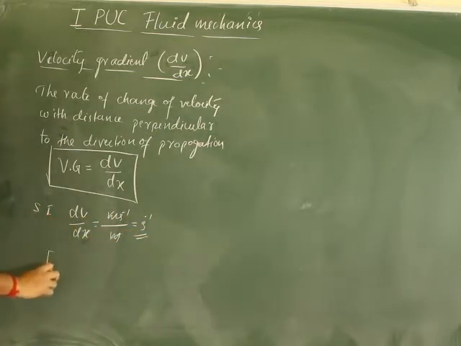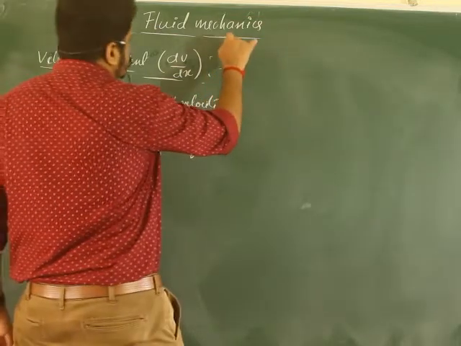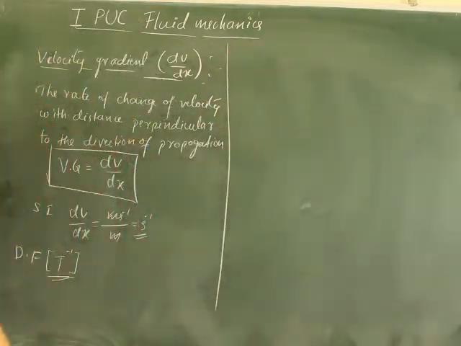The dimensional formula, which you have learnt in the second chapter, is T to the power minus 1. So this is all about velocity gradient, which is one of the factors that affects the viscous force of a given liquid.